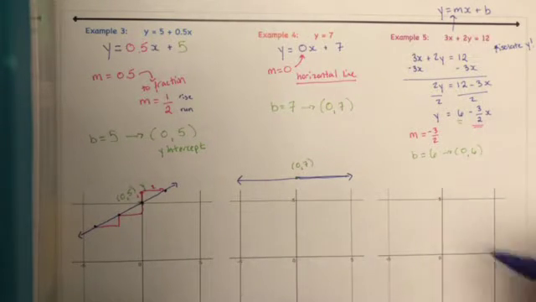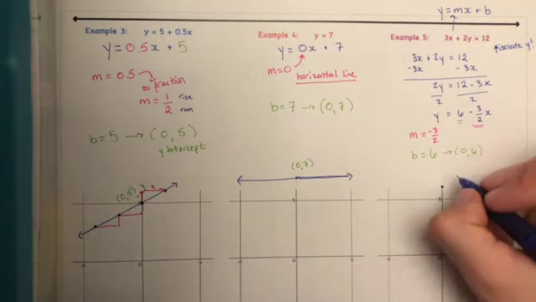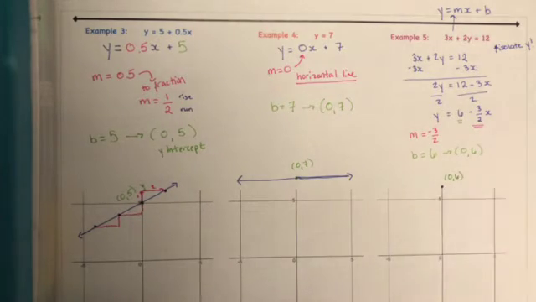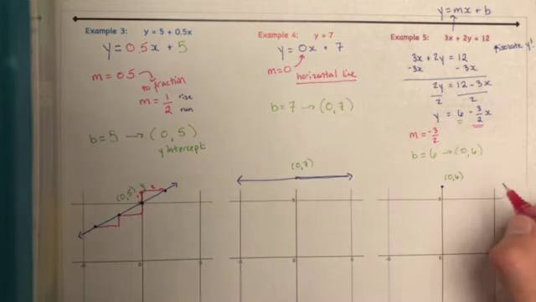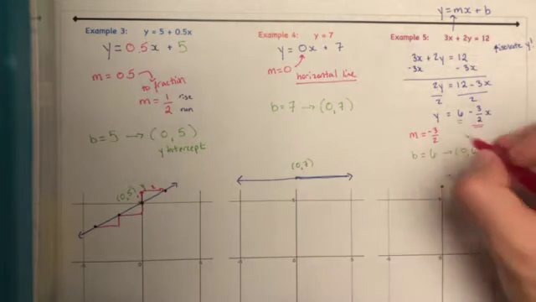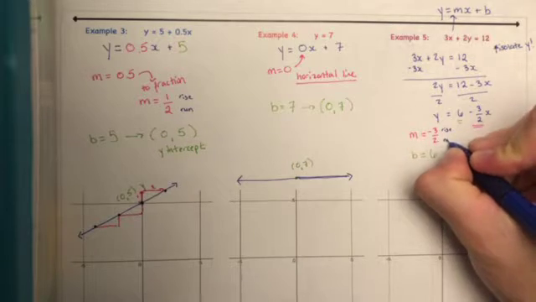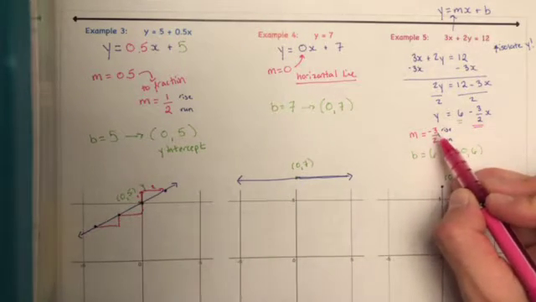To graph this, again, we'll start with the point 0, 6, our y-intercept. I'll put that here. And now we're going to use our slope. So this fractional slope is a little different to graph. Remember, we have rise and run. And so I'm going to rise -3.